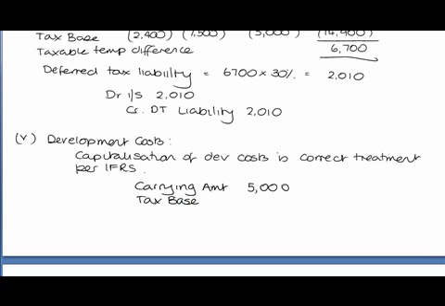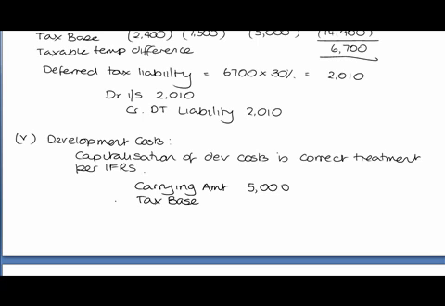What's the tax base? Well, it says in the question the development costs were all allowed for tax purposes when the cost was incurred in 20x5. So what are the tax authorities carrying forwards? Nil. Nada. Nothing.